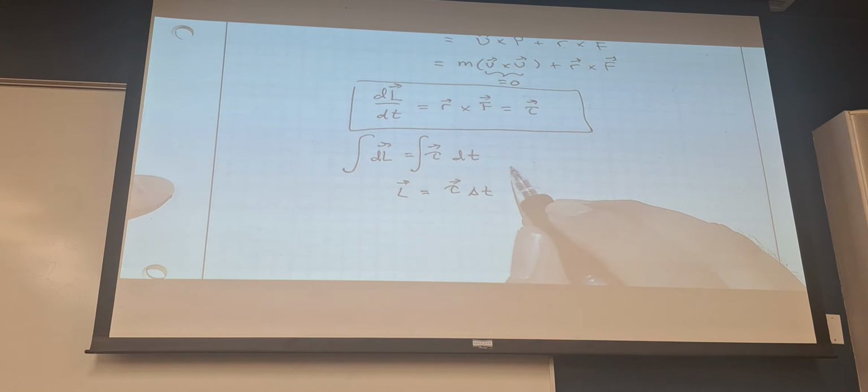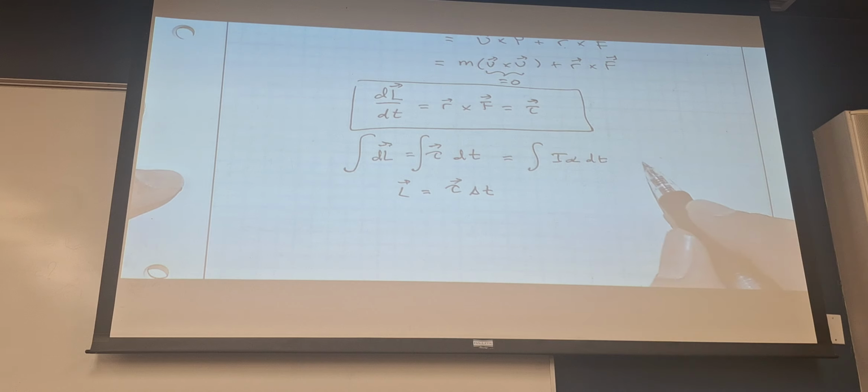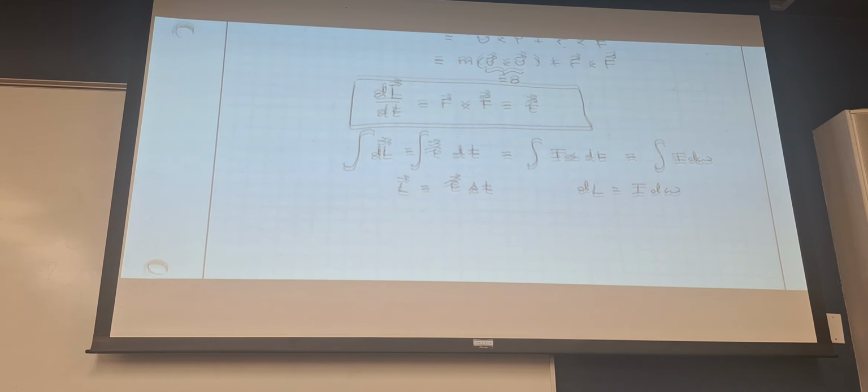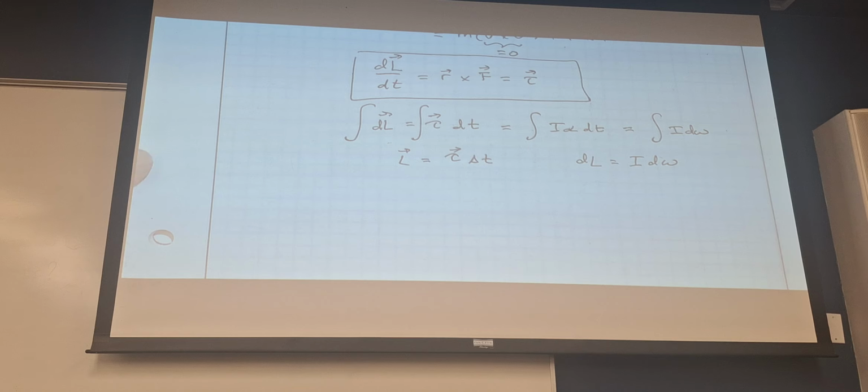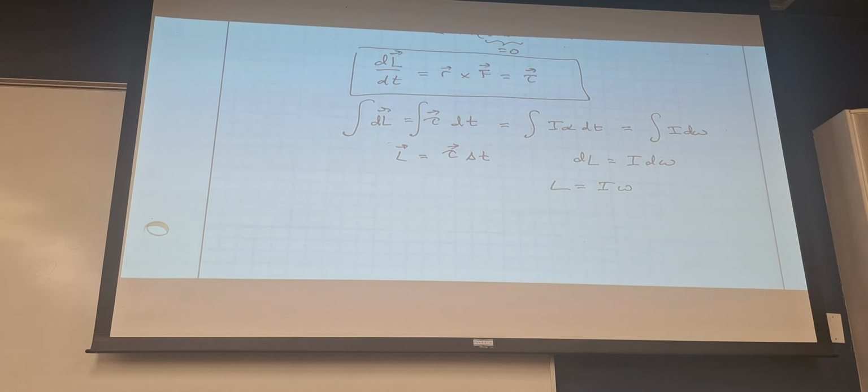And you can also use I alpha dt, and when you do that, this becomes I omega. So dL can also be I d omega. And that's where I got this relationship, where L is equal to I omega.